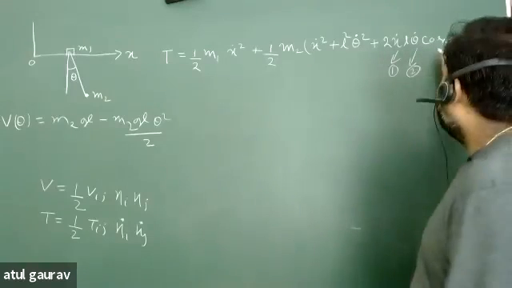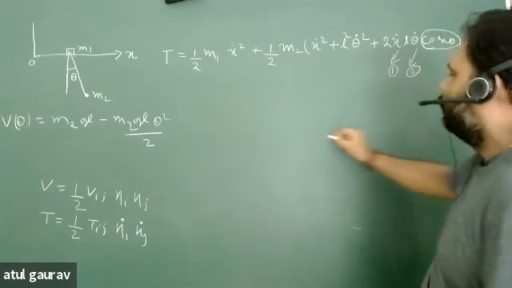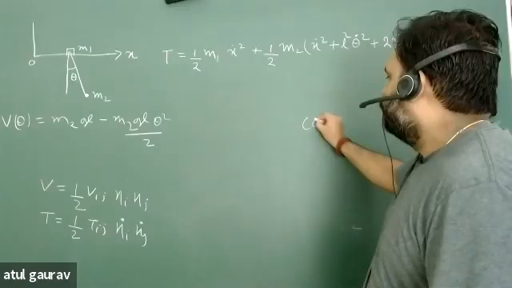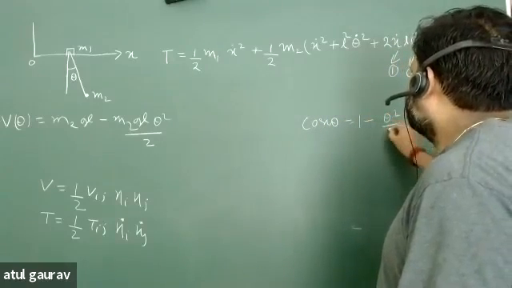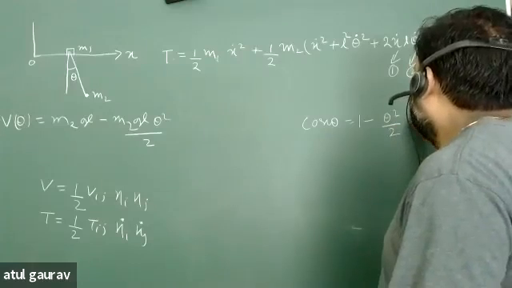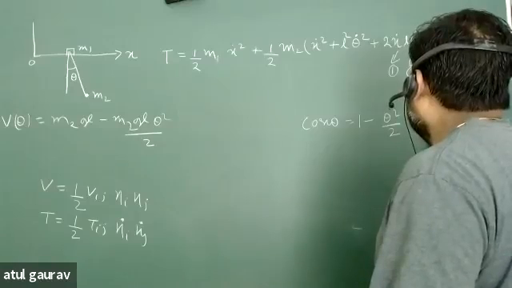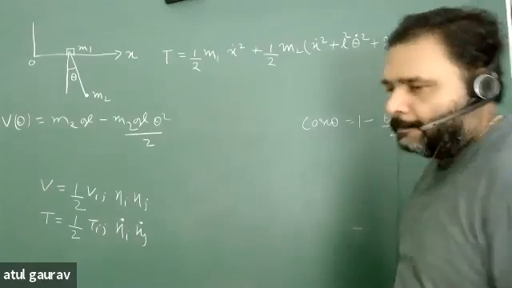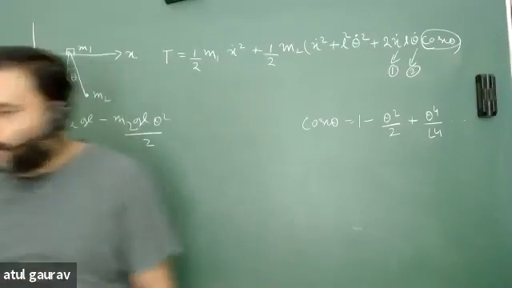And if I go for the Taylor expansion of cos theta, then cos theta is 1 minus theta square by 2 plus theta 4 by factorial 4 kind of situation. The higher order terms, the cubical term, will automatically be gone.